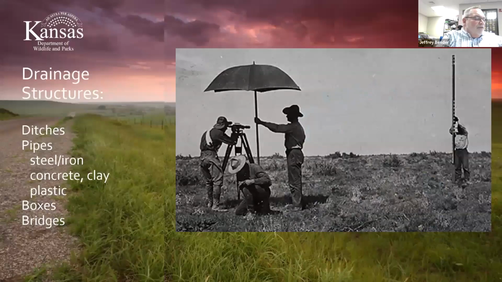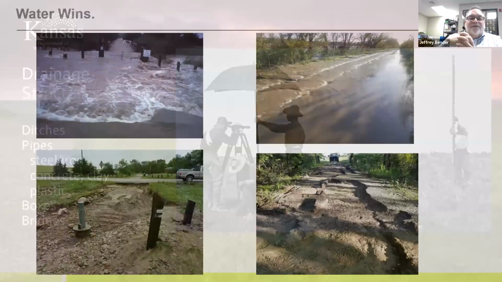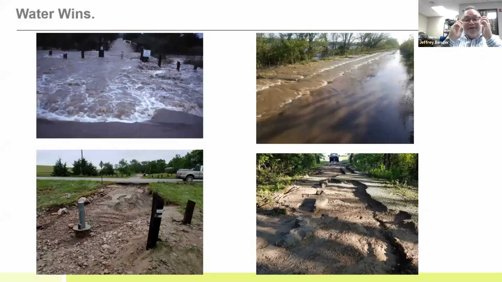Well, we're going to talk about a variety of drainage structures: ditches, pipes, boxes, which are usually concrete boxes, and bridges. So let's go to the next one. Like several of us say quite often, Mr. Goodwin's probably been heard saying it in a couple different languages, water always wins.